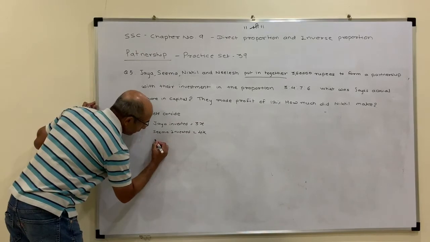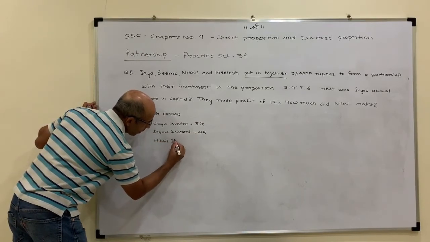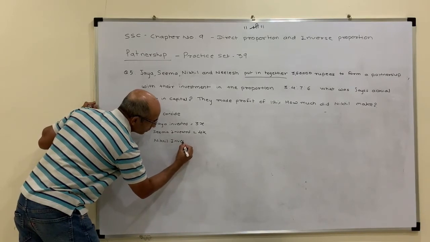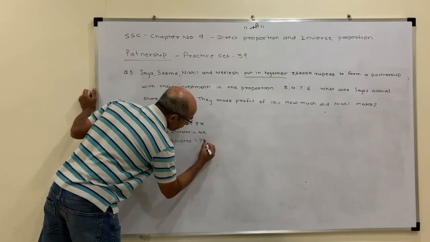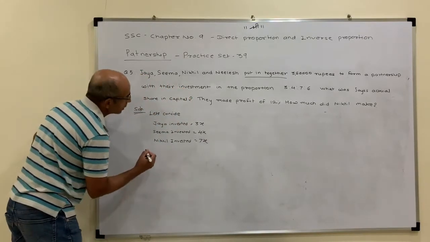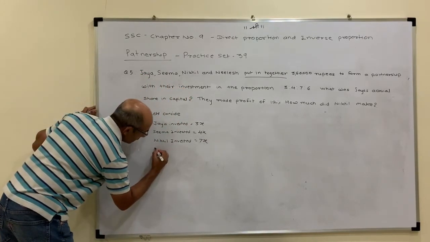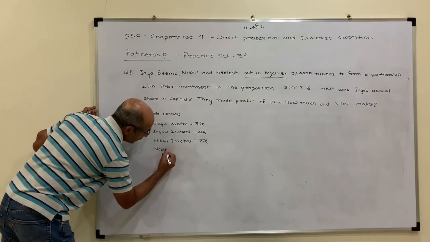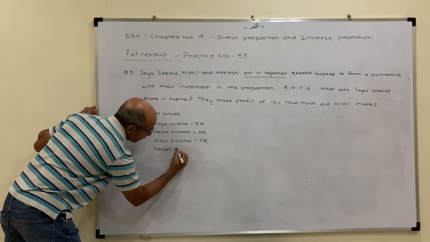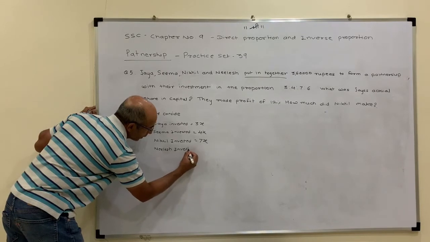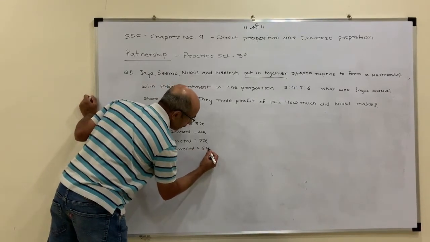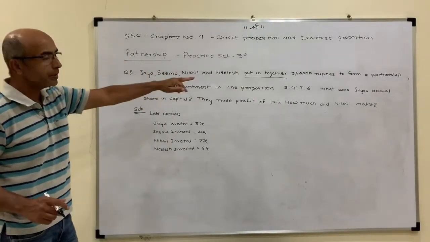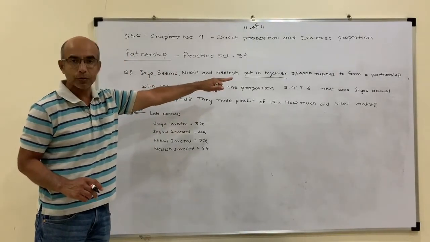Then Nikhil invested equals 7x. And the last, Nilesh invested equals 6x. And together they invested 3,60,000.